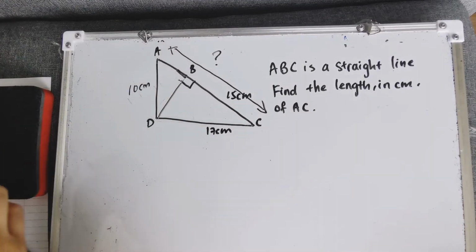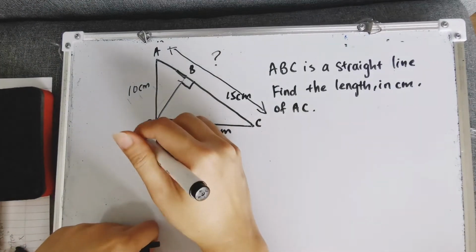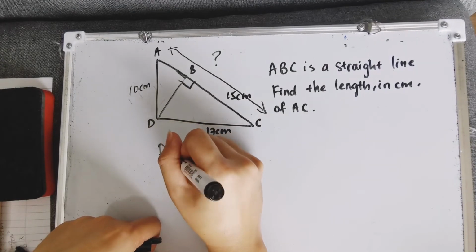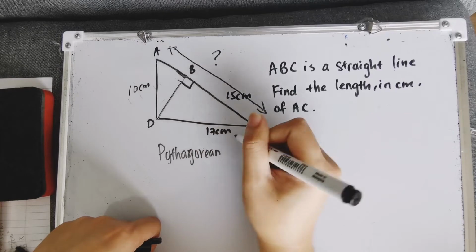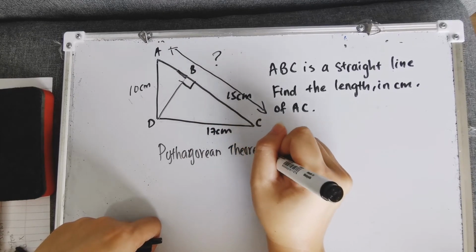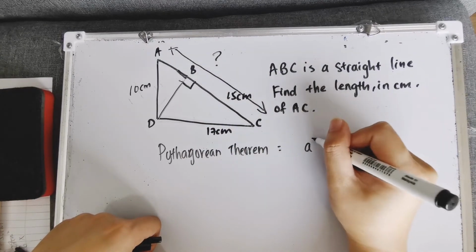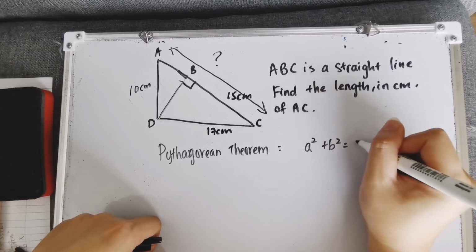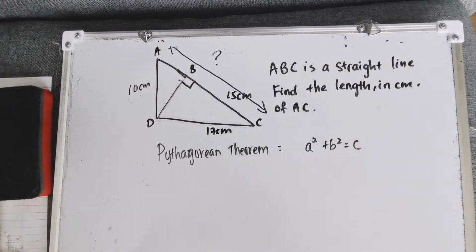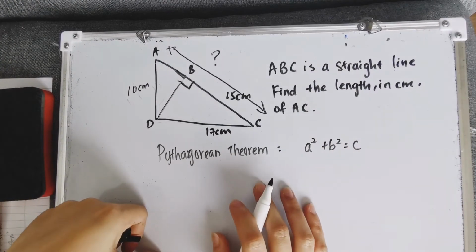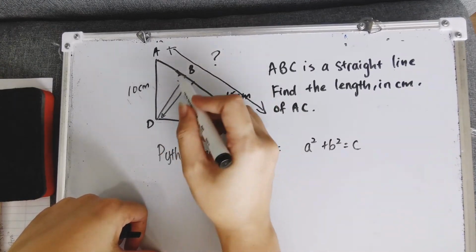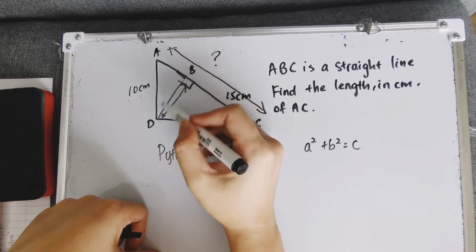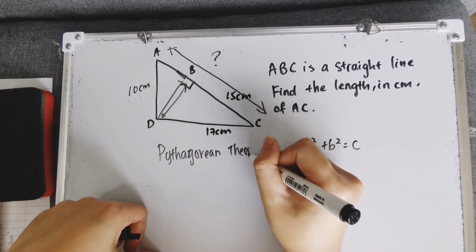So again, your Pythagorean theorem, which is a squared plus b squared equals c squared. Right now we have to find here. We have no idea what the length for this is.